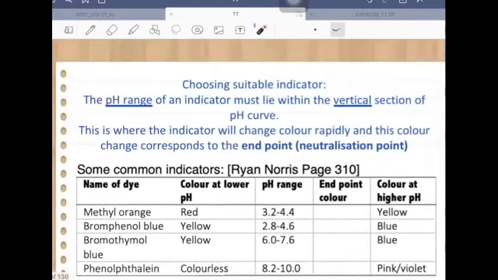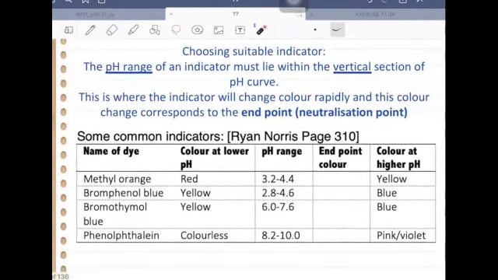So how do we... Oh, not yet. Yes, choosing the suitable indicator. So we want to choose an indicator that has its pH range within the vertical section of your pH curve. So you need to remember your pH curve. You also need to remember the pH range of your indicators.